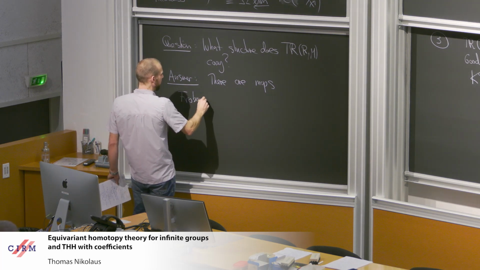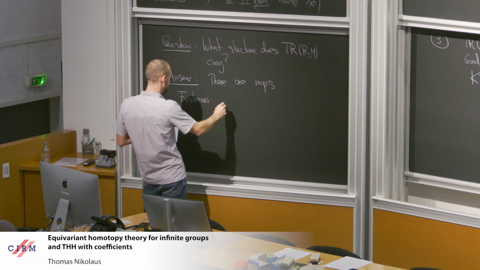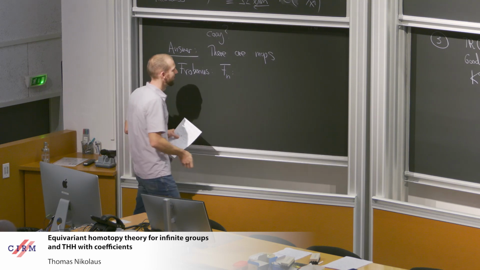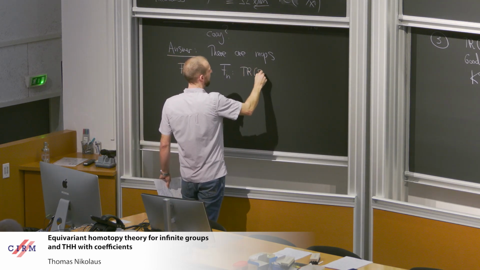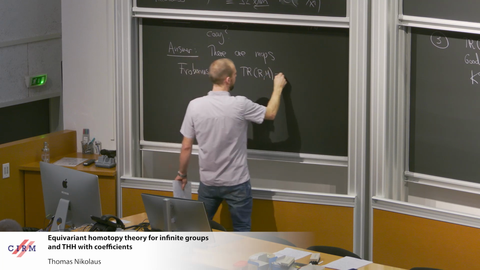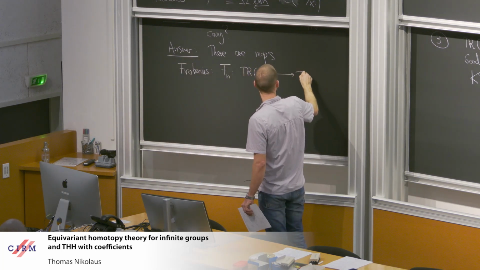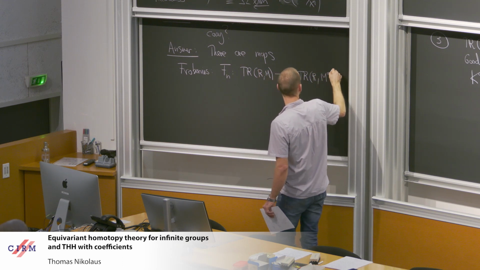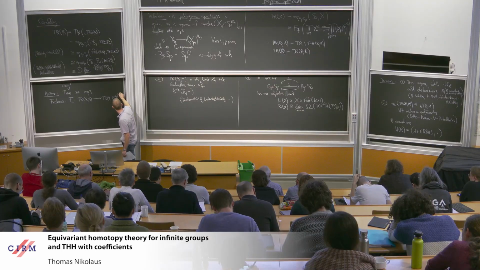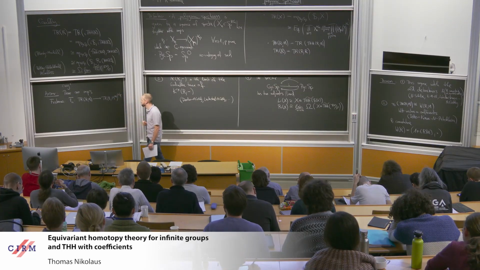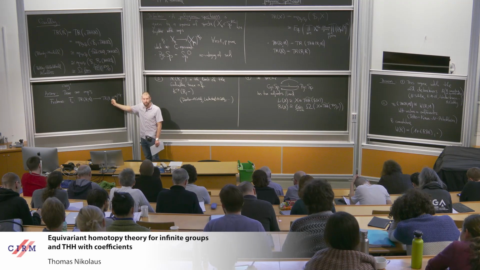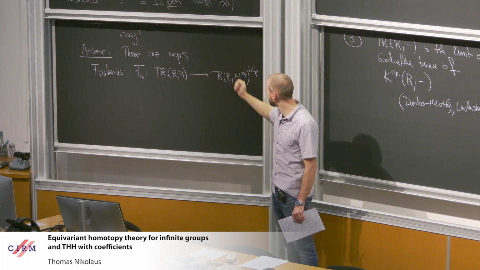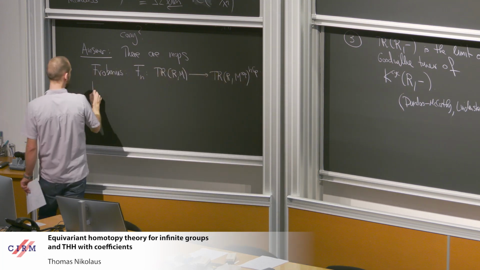One is called the Frobenius, a map Fn, and it goes from TR of R with coefficients in M, and similar to the map on THH, into the p-fold tensor product of M, and then HCp. And again, it's not clear a priori that this has a Cp action. So that's a result of similar nature. So that's a Frobenius map, and then there's a Verschiebung map.